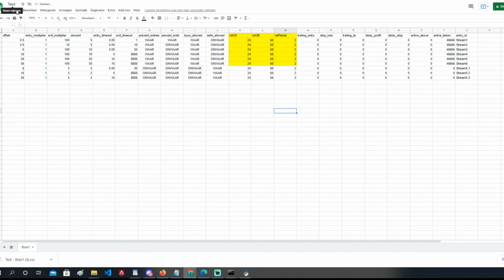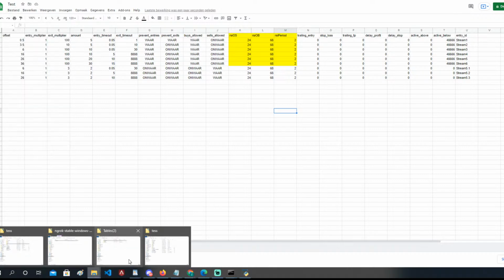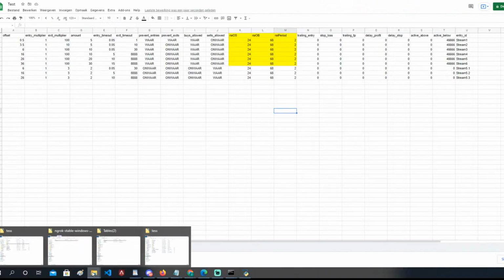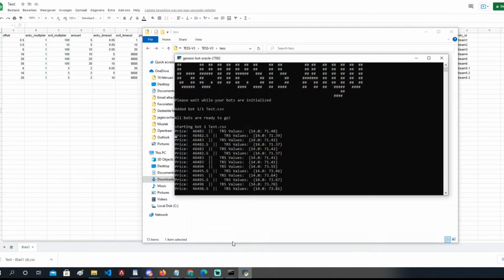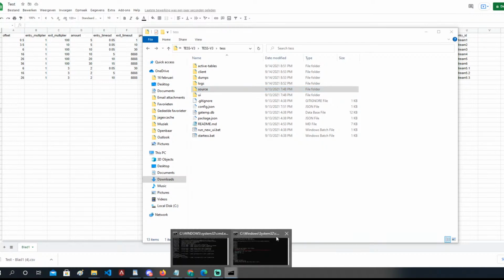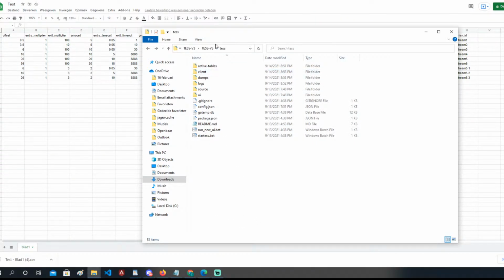Okay, and we just download this new file again. I could do it actually easier. Sorry for burping in the mic, if you guys heard that. I can just go here, and let's first always make sure you close your bot before starting a new one. So just close out of all these Python command windows.